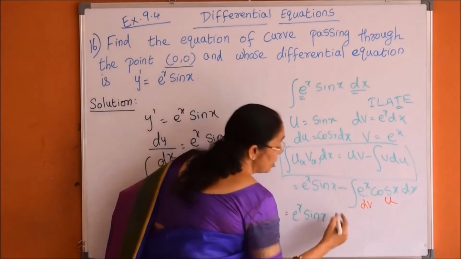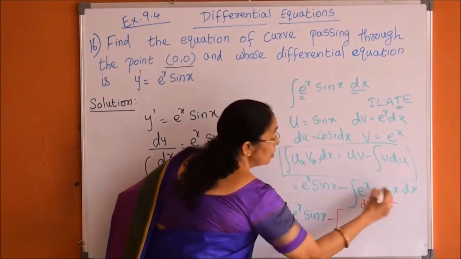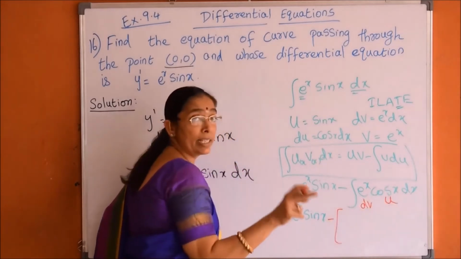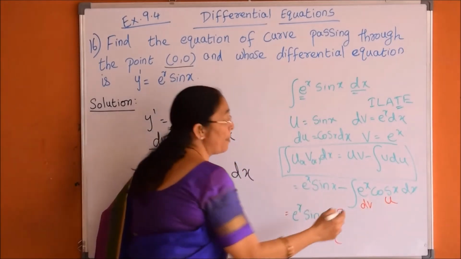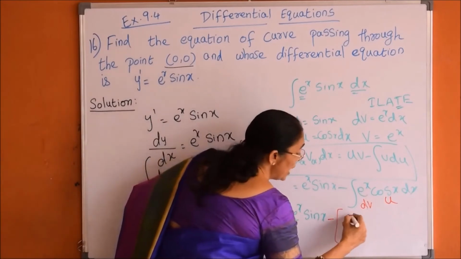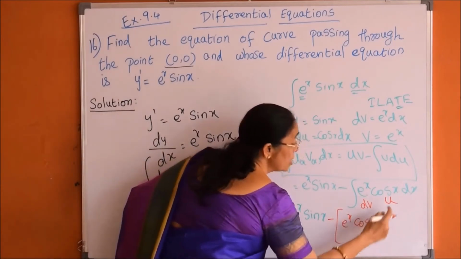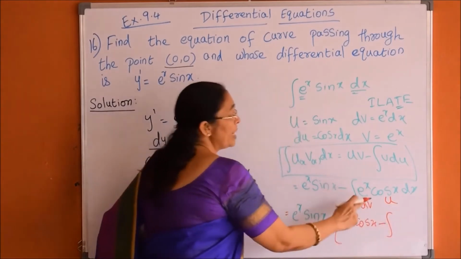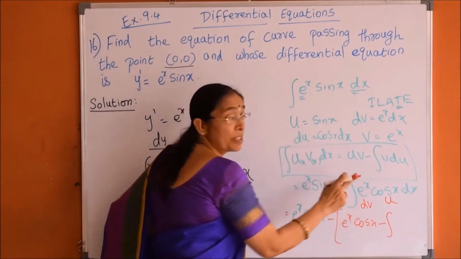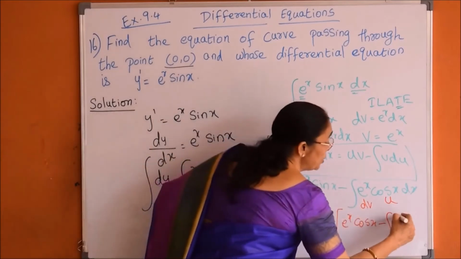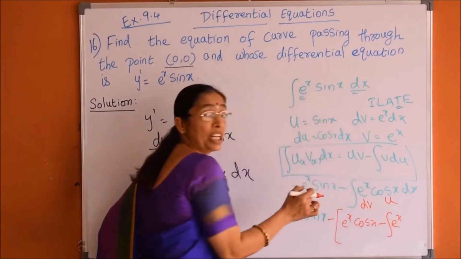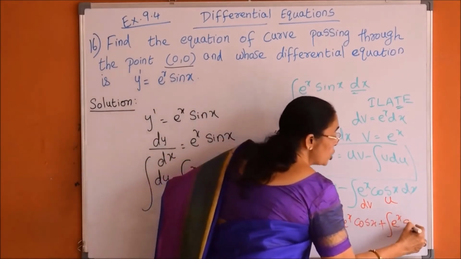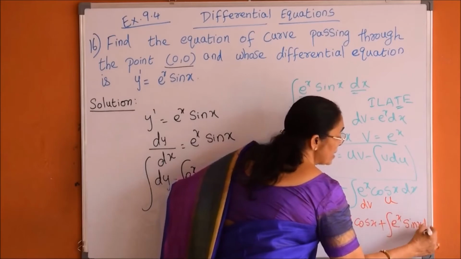So uv is cos x times v, and v is the integration of e^x, which is again e^x. So e^x cos x, this is uv, minus integration of v du, v is e^x, and du is the differentiation of cos x, which is minus sin x. So here a negative sign, so I will get this one as plus e^x sin x dx.